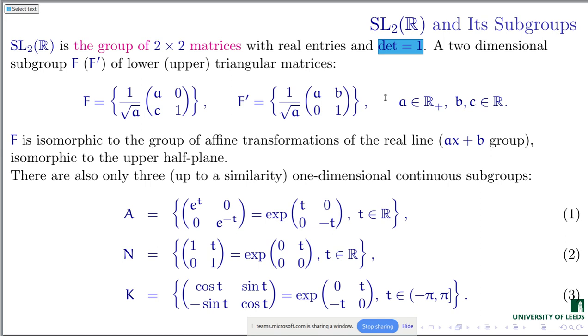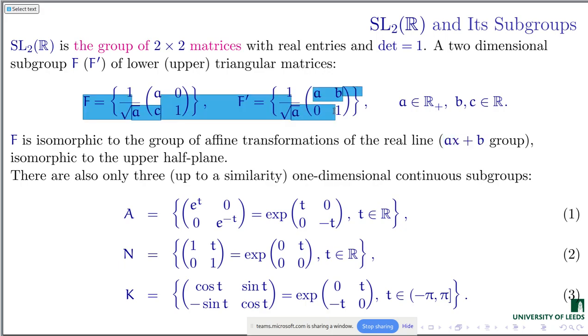The standard mathematical way to study an object is to study its building blocks. For a group, these will be subgroups. What are the subgroups of SL2R? For the two-dimensional case, it's what's called the affine group, or the ax plus b group. This is represented by upper triangular or lower triangular matrices.